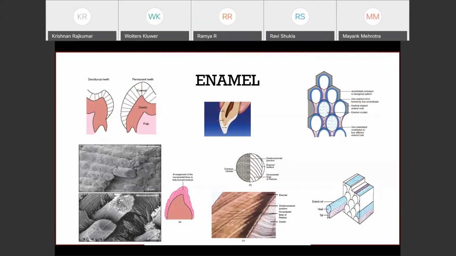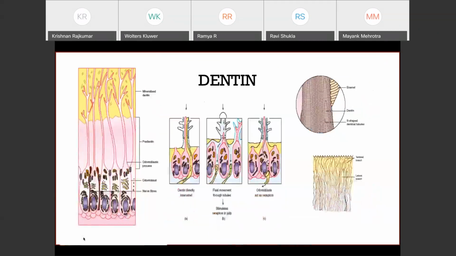Next, we are going to the dentin. With the dentin, you have pain and sensitivity, the most common complaint with which any patient comes to a dental clinic, and you should know why the dentin is such a sensitive structure, especially the dentino-enamel junction. Students should have an idea why they keep telling you that while preparing a cavity, the extension of the base of the cavity should not be done at the dentino-enamel junction.